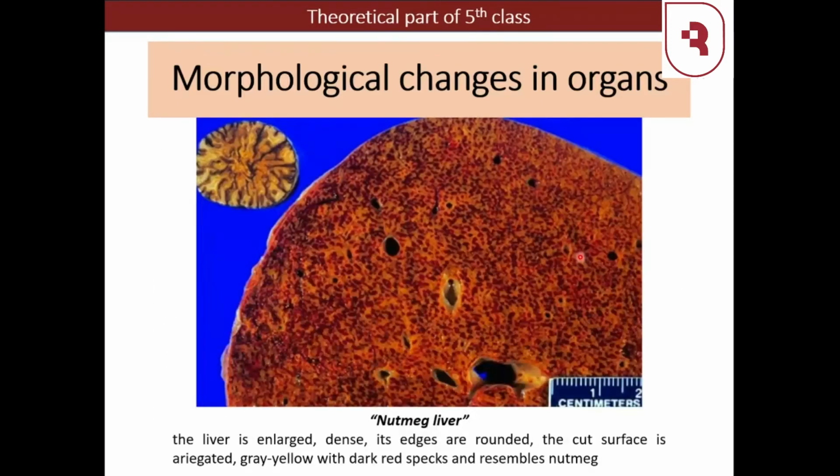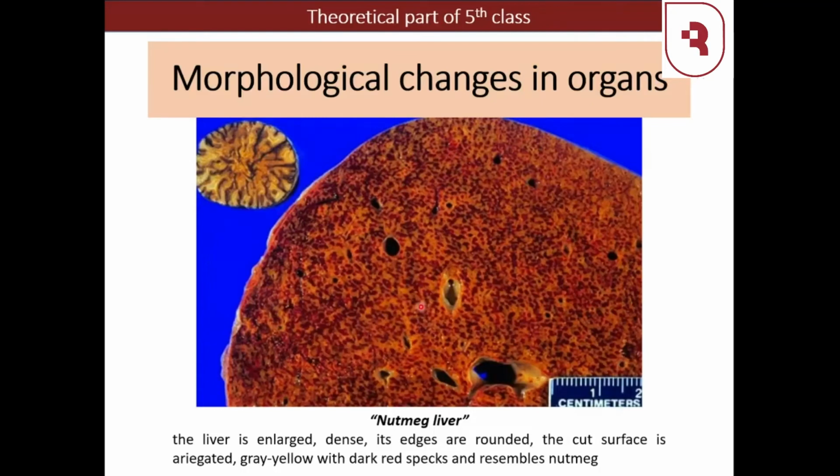On this slide we may see nutmeg liver. Nutmeg is a special kind of nut which is used in cooking. On the incision, the nutmeg has the same color and appearance as the nutmeg liver. That's why we call the liver nutmeg liver. The liver is enlarged, dense, and its edges are rounded.